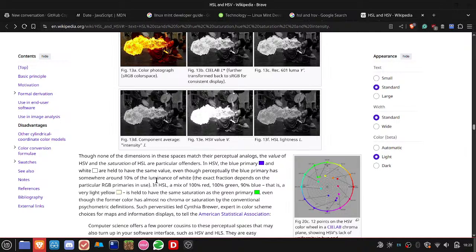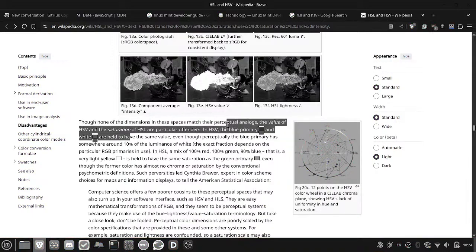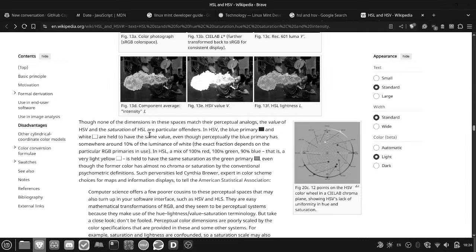In HSV, the blue primary and white are held to have the same value. Let me just do this so that we don't get distracted by the colors. Are held to have the same value, even though perceptually the blue primary has somewhere around 10% of the luminance of white. Okay, the exact fraction depends upon the RGB primaries.